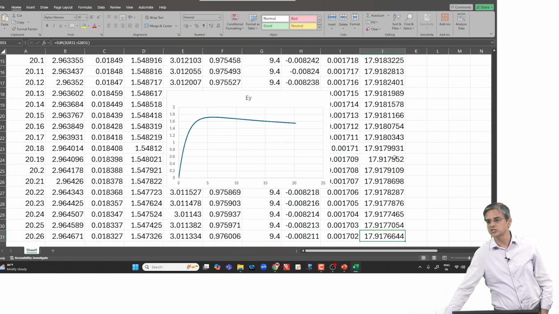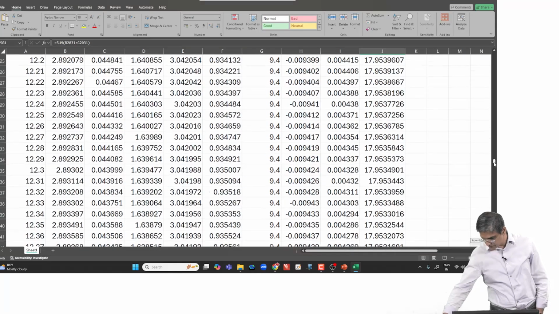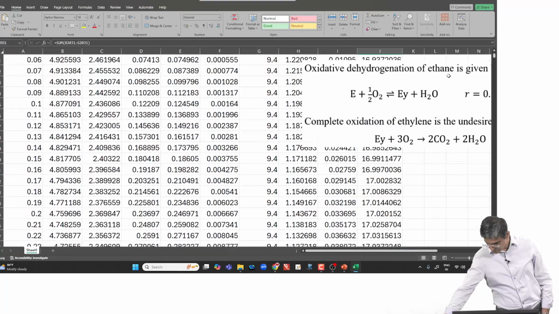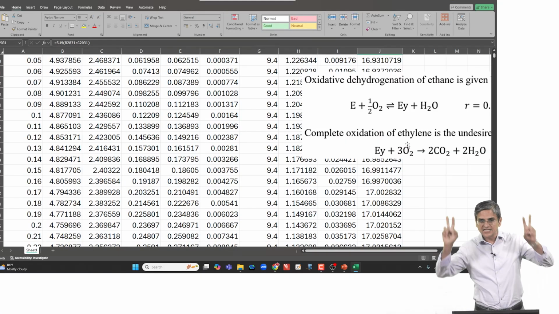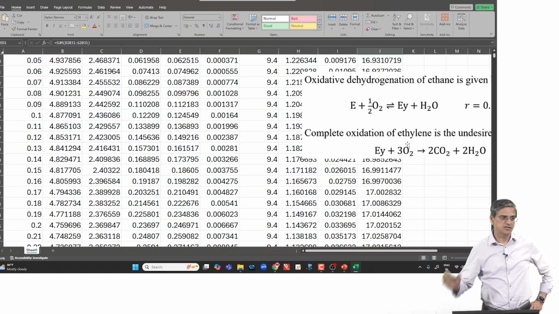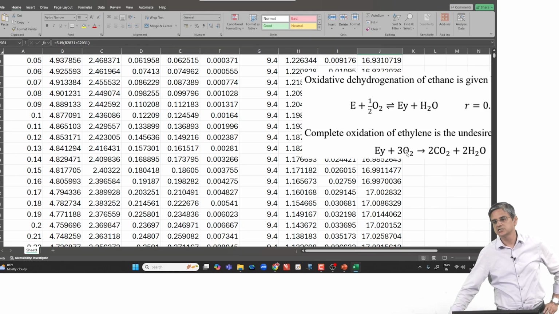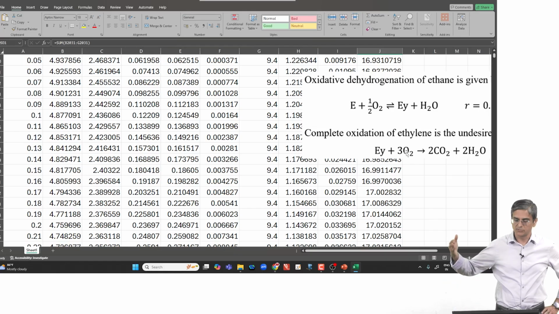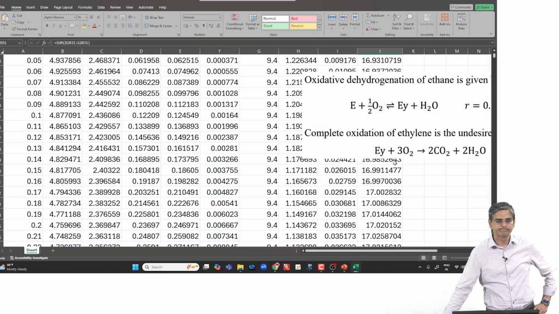The challenge with the oxidative dehydrogenation reaction is that the subsequent reaction, which is ethylene getting completely oxidized, is an easier reaction than ethane getting oxidized to ethylene. This is what limits the utility of this reaction as of today.